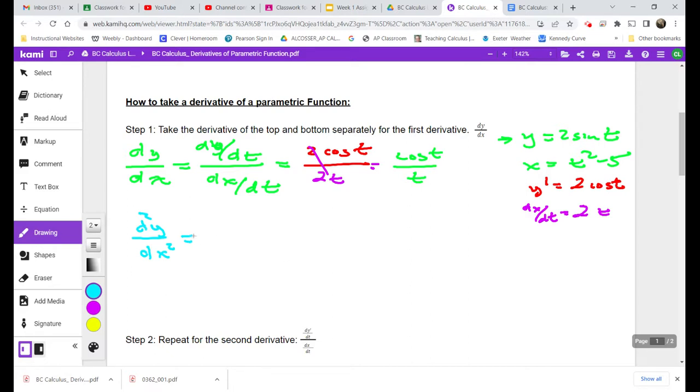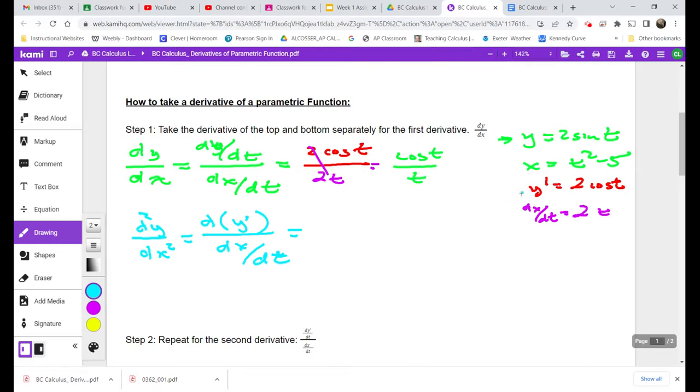Basically, for the top part, we have to take the second derivative of y, so we need to take the derivative of y prime, and then we need to deal with dx/dt.